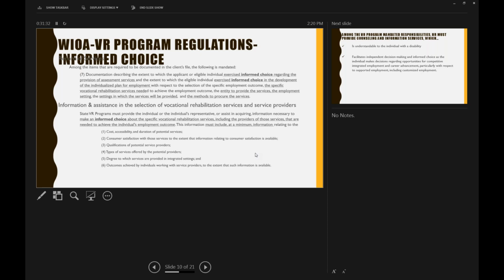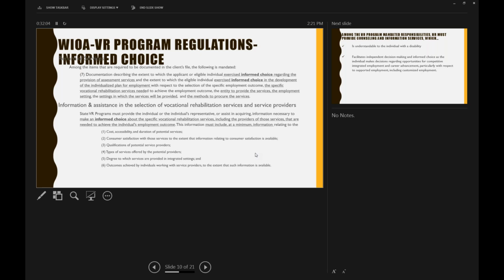We are seeing professionals who haven't had a lot of training in the labor market. So without understanding what the labor market is, how are they providing accurate and relevant information that's the best for the individual? So in order for informed choice to be provided in this way that's mandated, vocational rehab professionals as well as their providers also need to be very knowledgeable about their services.